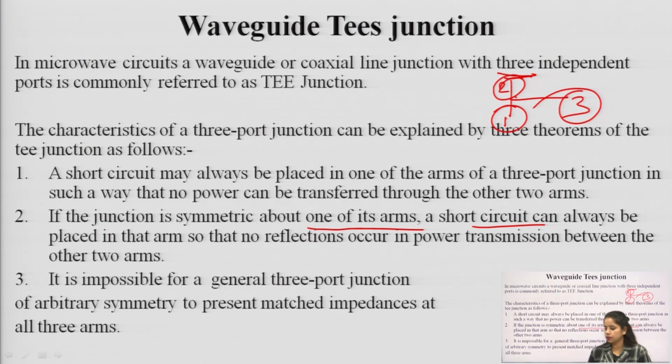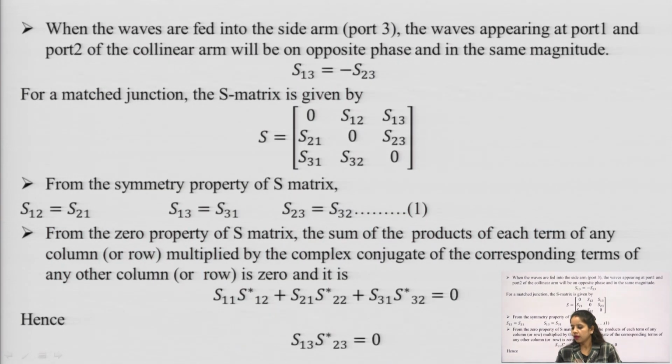So let us see what is going to happen now. This is a general property of an E-plane T. Till now we have studied properties applicable to all T's. Now, for the E-plane T: when the waves are fed into the side arm, that is port 3, which we are assuming is the side arm, the waves approaching port 1 and port 2 of the collinear arms will be opposite.